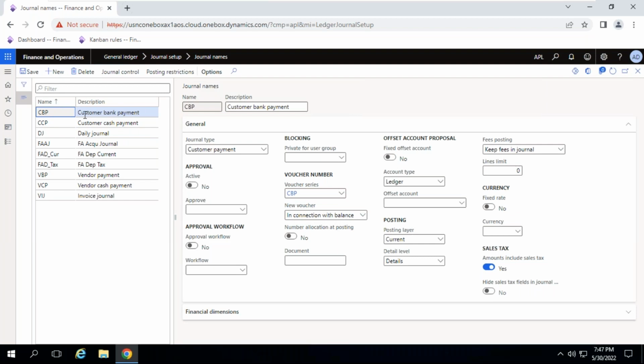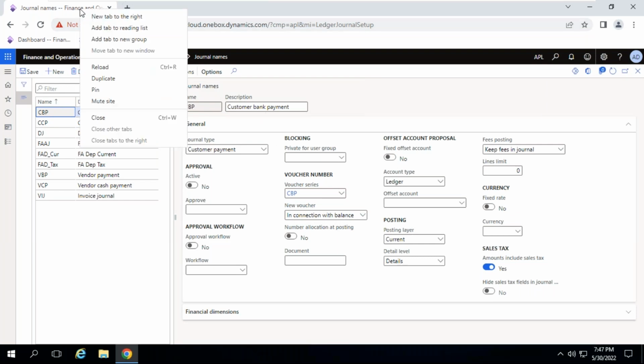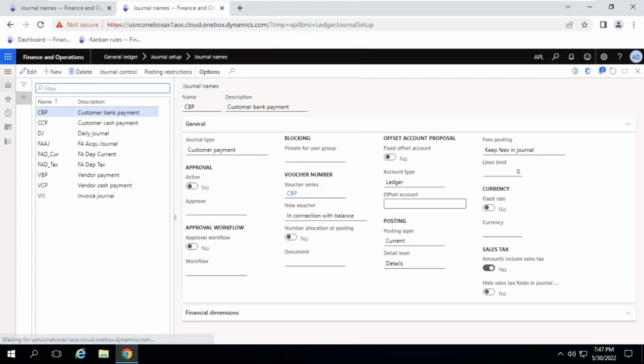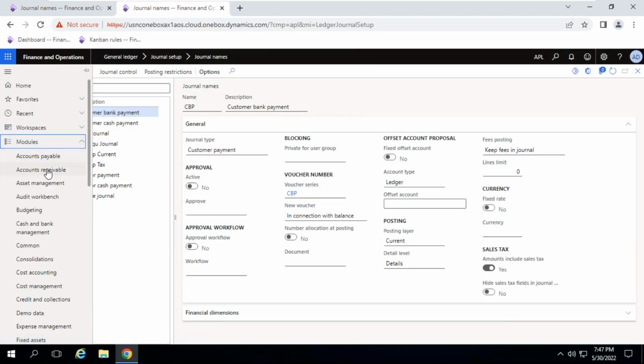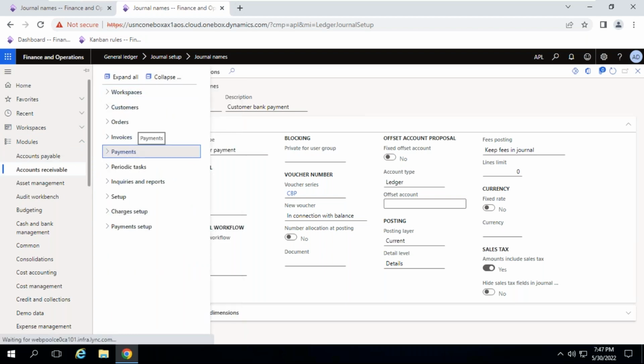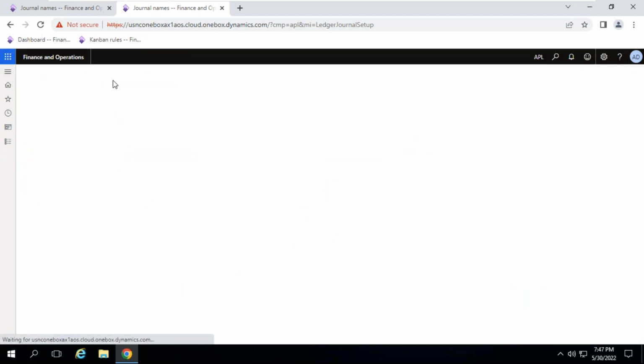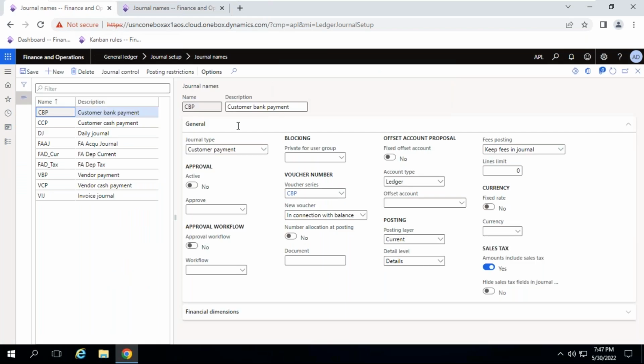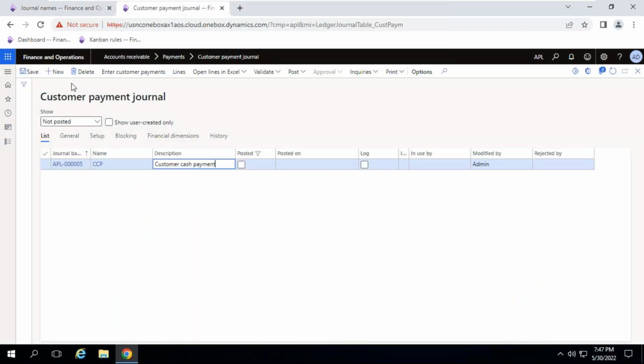So customer payment, it is customer payment. If you go to customer accounts receivable, collapse all, payments, customer payment journal, we have mapped customer payment. Now if you click here, it is showing customer payment.